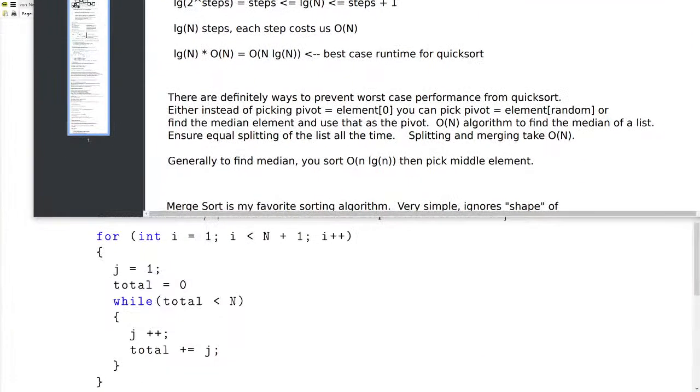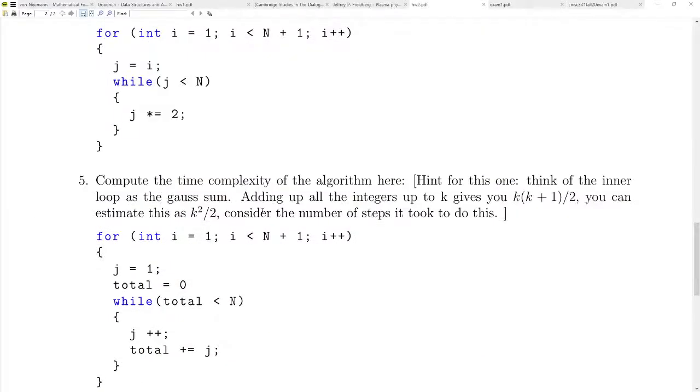The only difference is that this algorithm is literally just taking time. Unlike quicksort, which is actually doing something, this algorithm is just taking time. That's the only difference.